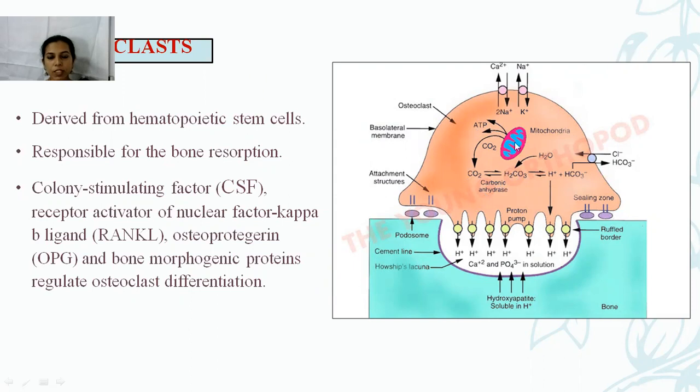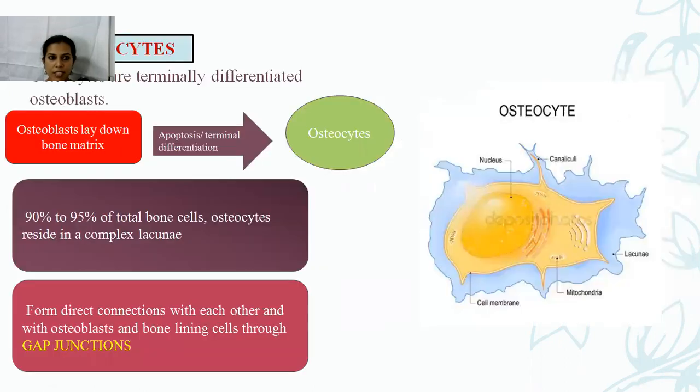These are actually macrophages that are responsible for bone resorption. They are activated by various factors called colony stimulating factors, RANKL, and osteoprotegerin, and all these regulate osteoclast differentiation. That is how a macrophage is converted to an osteoclast.